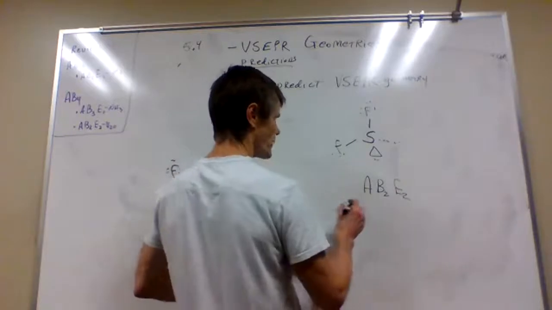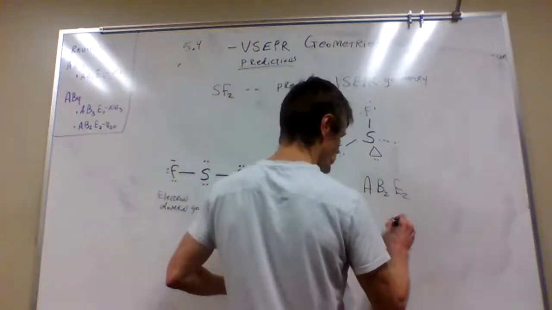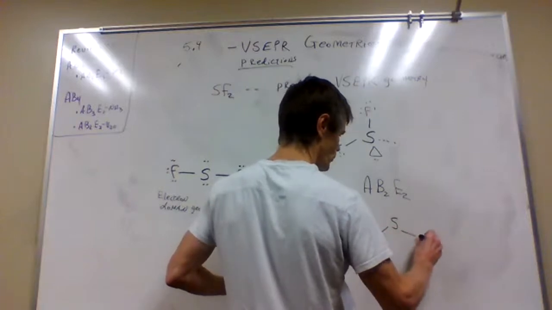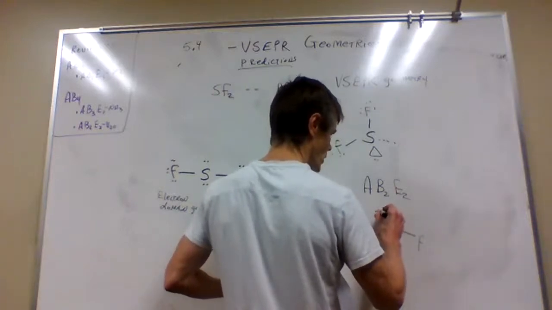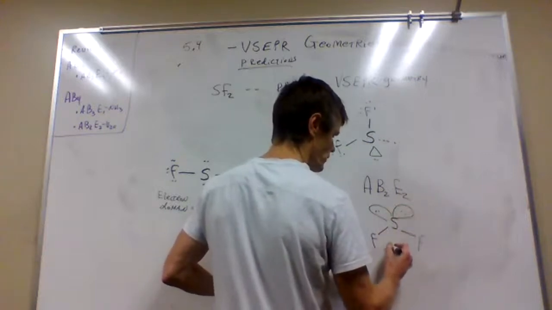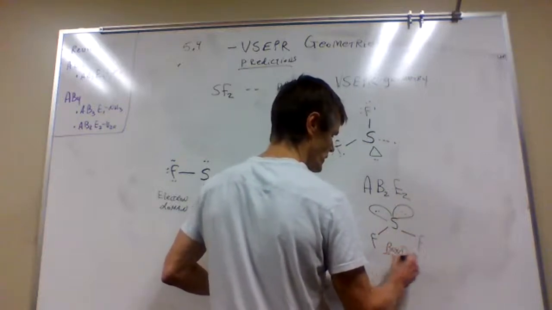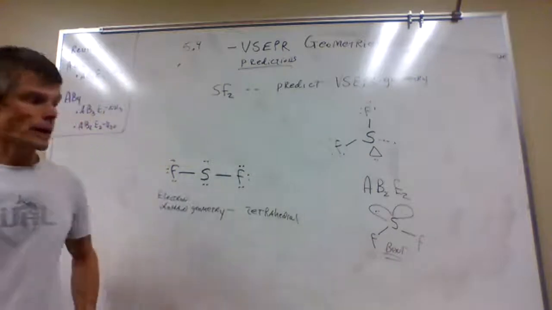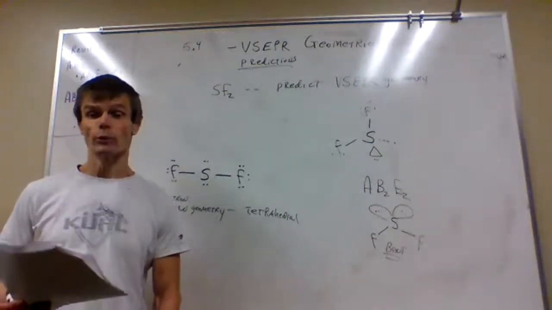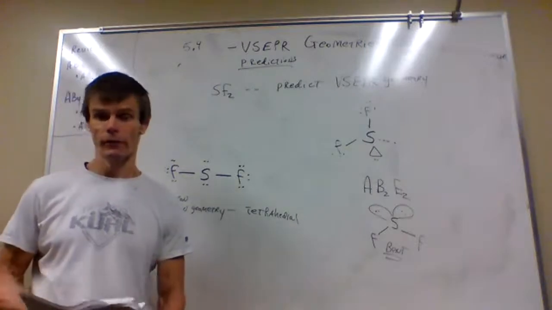So this would have a molecular geometry in which we have a sulfur with 2 fluorine and 2 lone pairs of electrons about the sulfur atom. And this would have a geometry described as bent, very similar to the geometry that we derived for water in our last lecture.